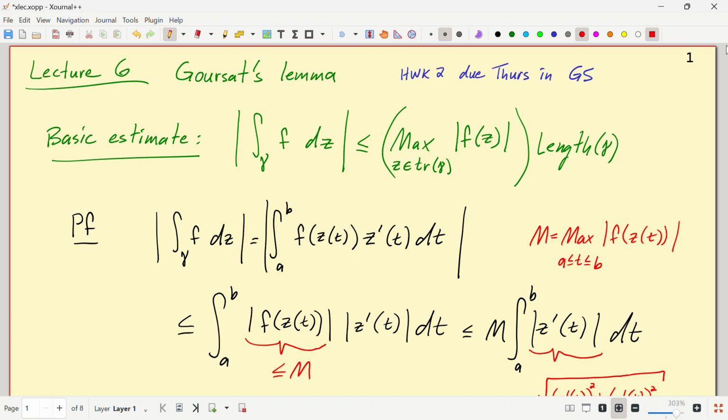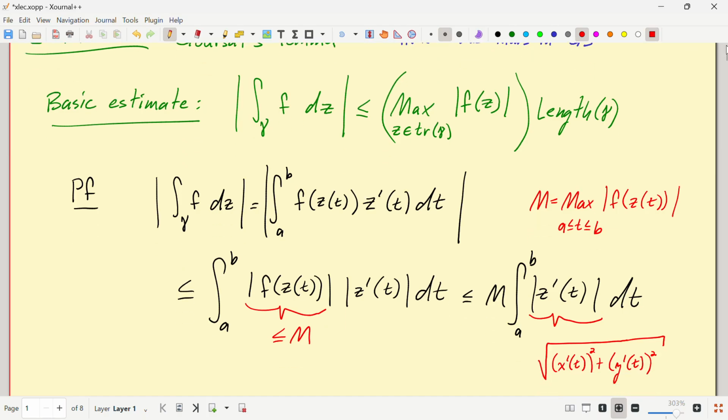That's the starting point and the ending point. And so that thing inside there is less than or equal to m, and therefore that integral would be less than or equal to m times the integral of the modulus of z prime of t dt. And remember, z prime of t is x prime plus i y prime, where those are a parameterization of the curve. And that modulus is the square root of x prime squared plus y prime squared, which you recognize as the formula for the length of a curve in R2.